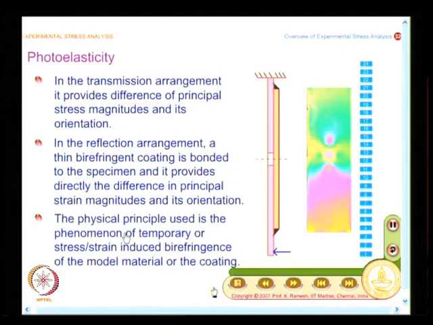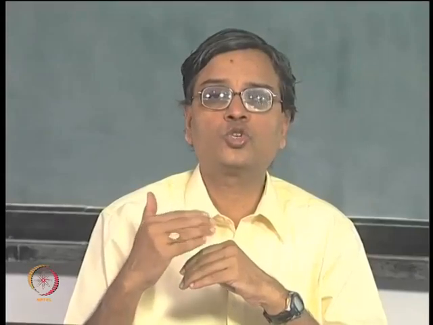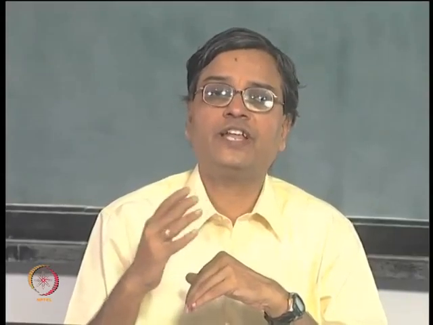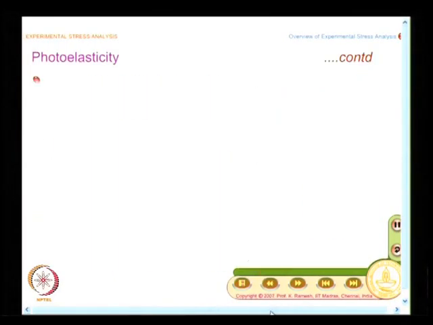Many developments have taken place in photoelasticity. It is a very versatile technique like strain gauges, and in the 1930s, when people were developing the theory of elasticity, many of those solutions were actually verified by experiments using photoelasticity.